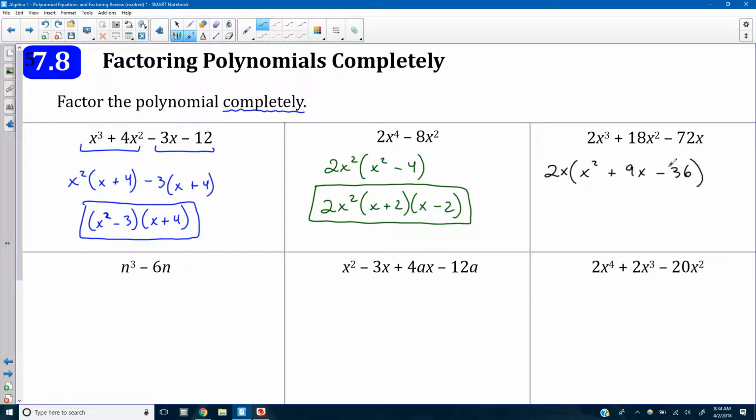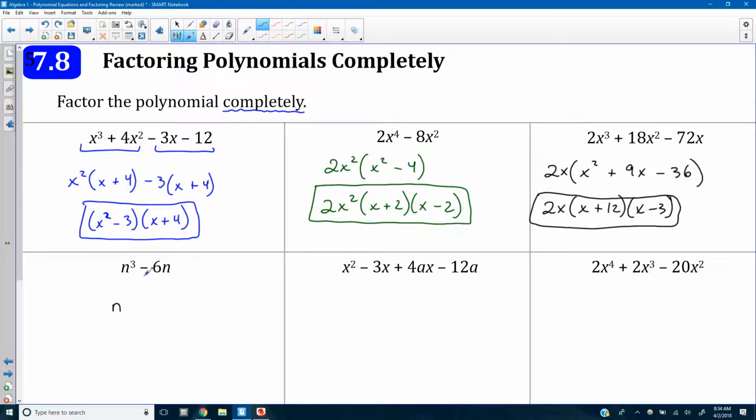If not, we're going to leave it like this. What two numbers multiply to negative 36 and add to 9? Well, it looks like a 12 and a negative 3. So x plus 12 times x minus 3. And again, because this was a 1x squared inside here, I know that the answer to that question is also these numbers here. And that's completely factored.